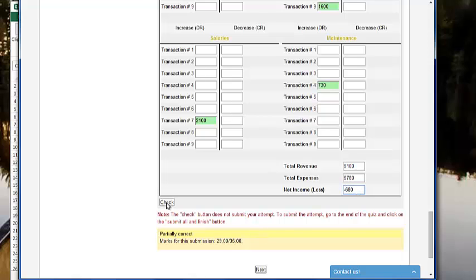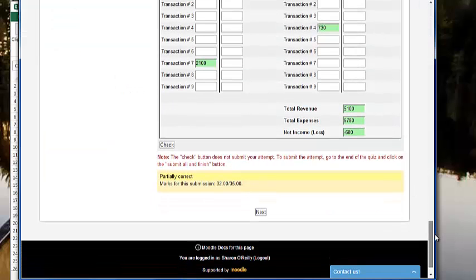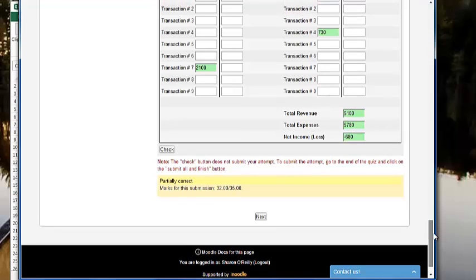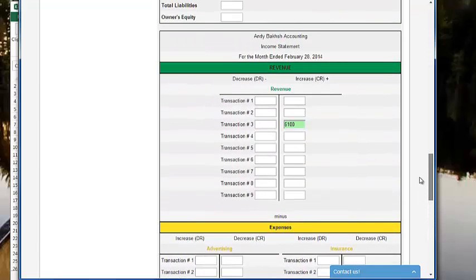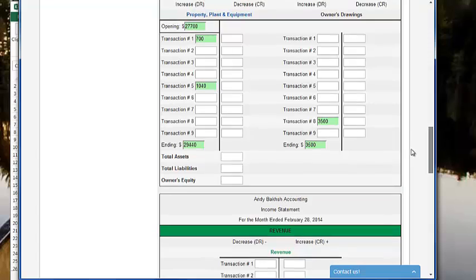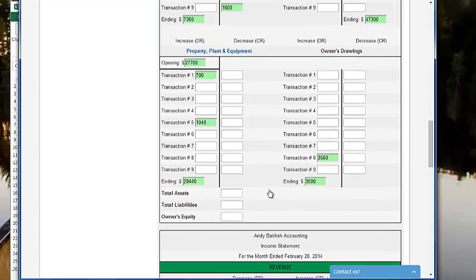I'm going to check again. I got the green light on everything, but it does tell me marks for this submission are 32 out of 35. So where is the box that I'm missing? Total assets. Here we go.